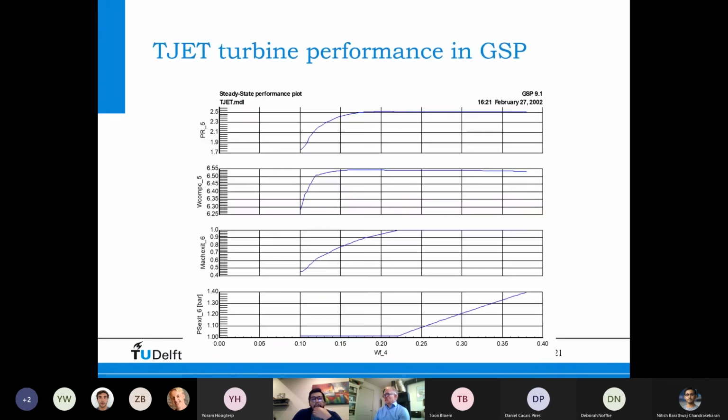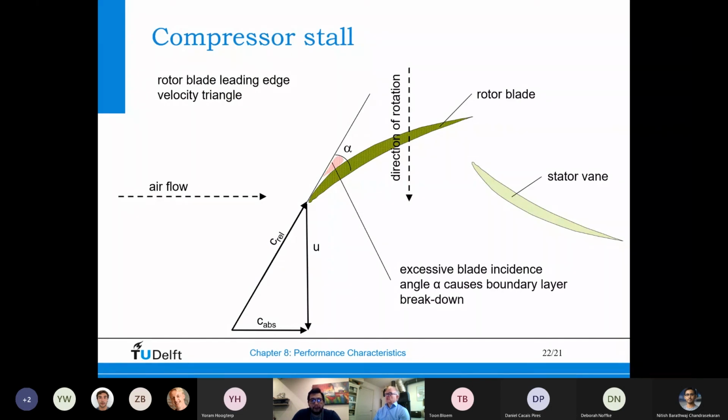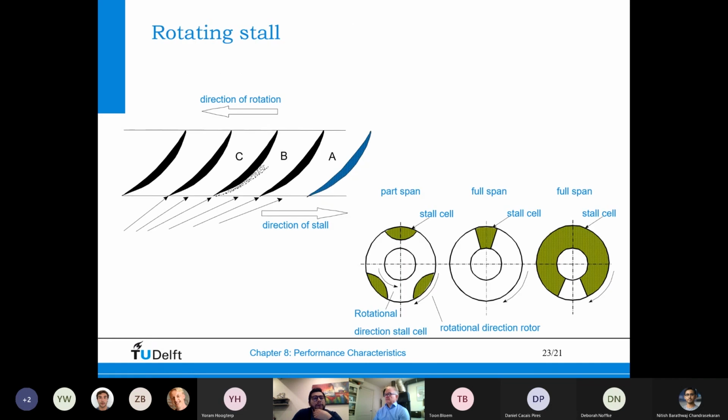Well, compressor stall. I will not go too much into compressor stall because this has been covered in Aero Engine Technology, but it's basically stall of the rotor blades. Usually the incidence angle becomes too steep and you get breakdown of the boundary layer, and we have rotating stall, where there's only stall in a part of the rotor.